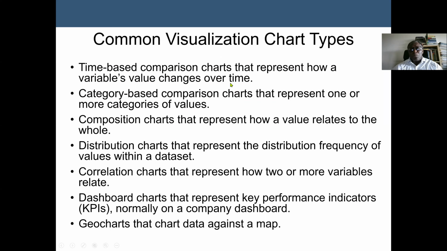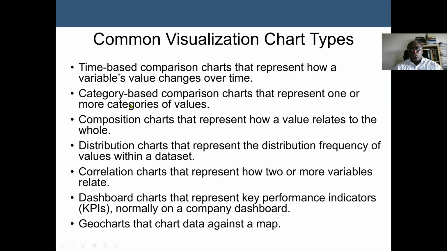For example, a stock price normally changes over time. With a time-based comparison chart, a good choice can be the scatter plot or line chart. And in a time-based comparison chart, the horizontal axis is always a time period. It can be in hours, years, minutes, seconds, etc.